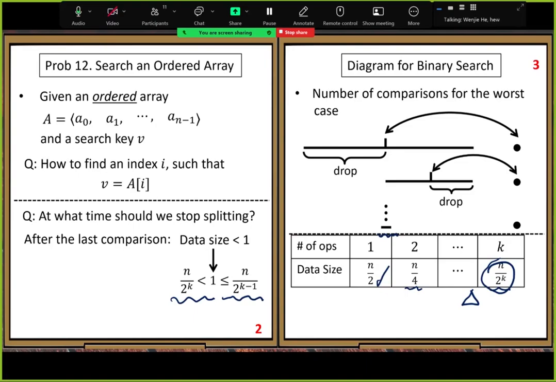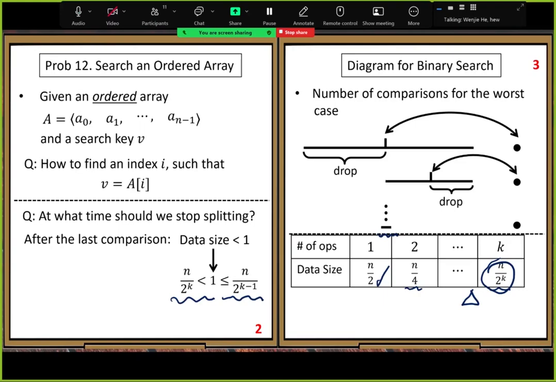Then you can do another split, right? Because it's greater or equal to 1, it can cover at least 2 elements, so you have another chance to do a split. So that is the condition describing the termination point.